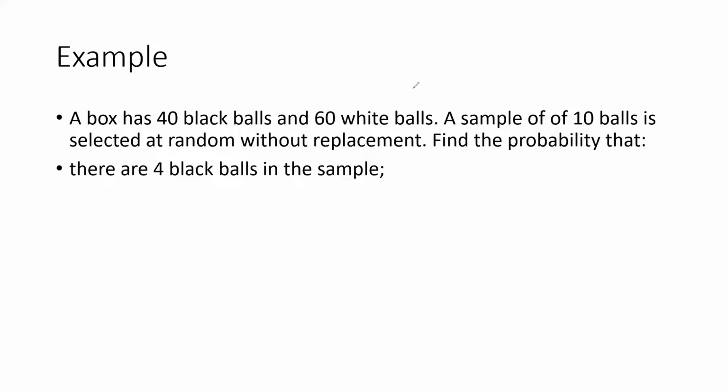Okay, so here we have capital N, you have 100. Which one is bad, which one's good? It doesn't really matter. You can say capital B to be, but here it's black, not bad, 40. And W to be 60. All right, and the sample size is 10. And you have 4 black balls.